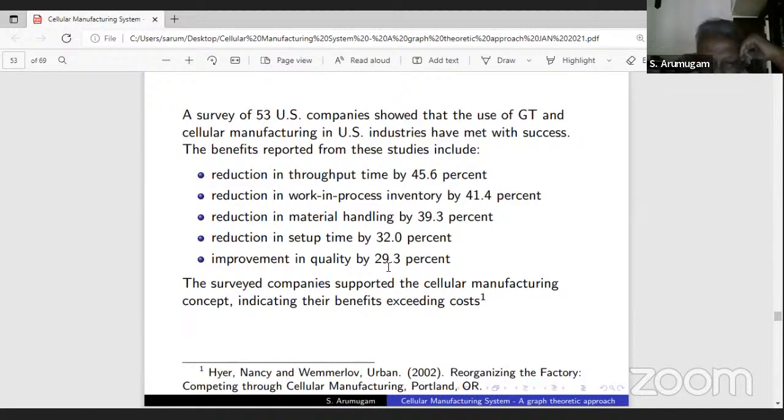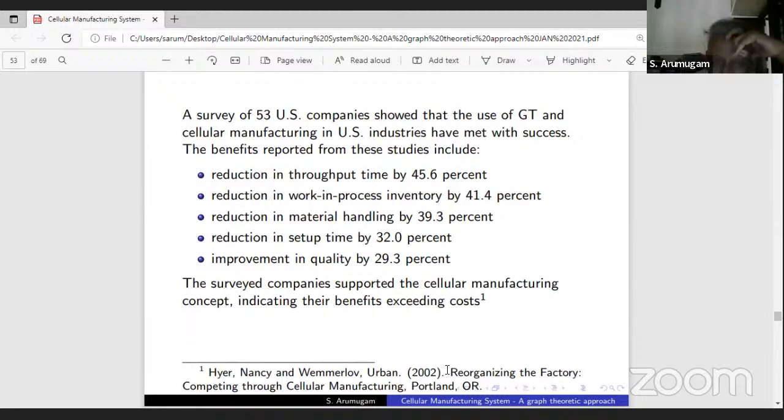All these surveyed companies supported the cellular manufacturing concept, saying the benefit is much more than the cost involved. This is reported in a paper published in 2002.